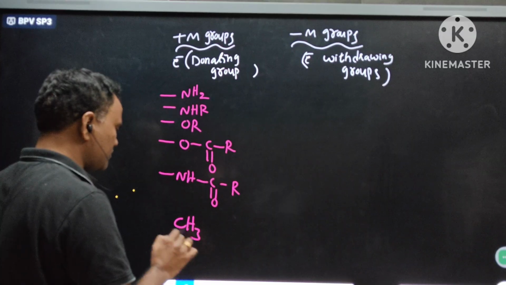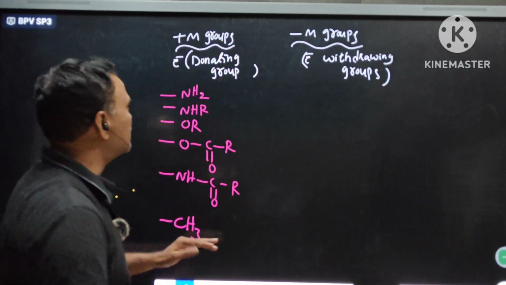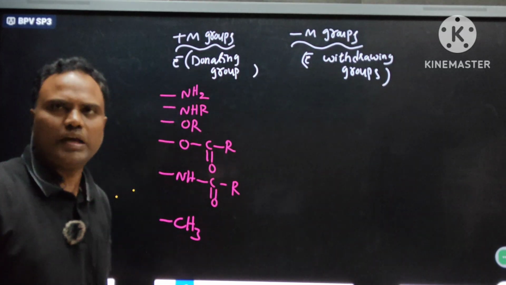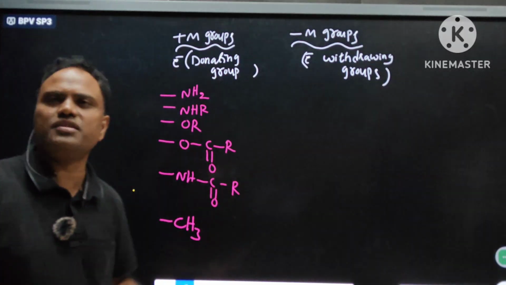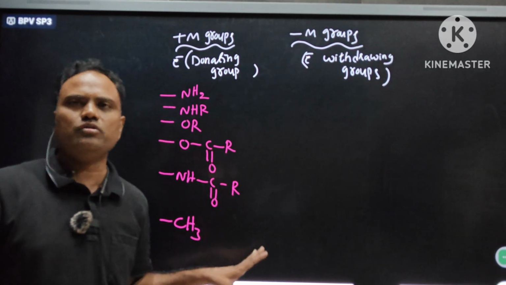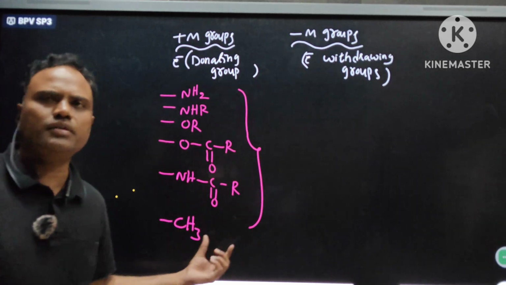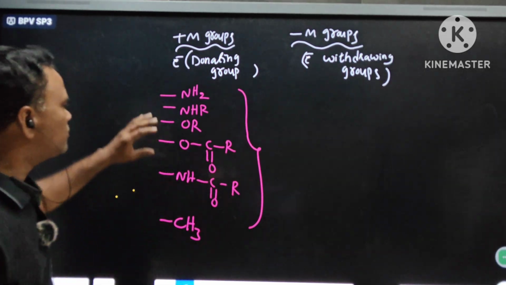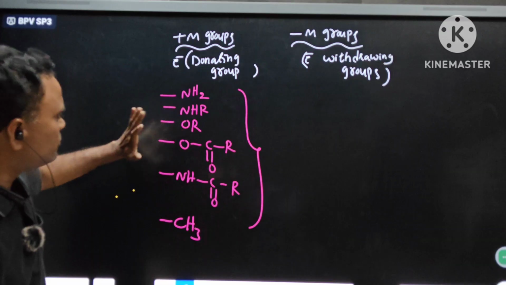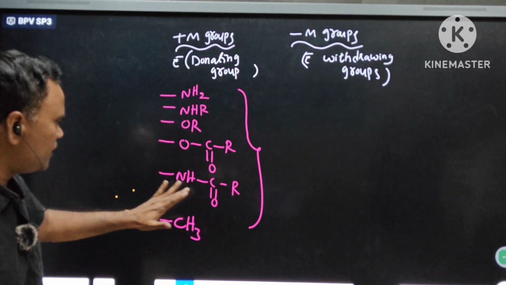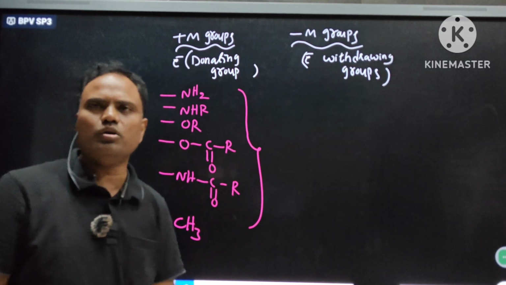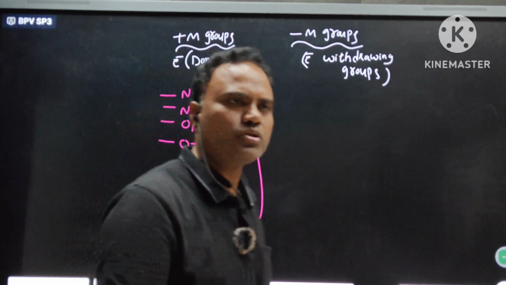Temporarily let us write CH3 also under plus M. Actually its nature is not a plus M group, but just include it temporarily. Nothing will happen. In GOC you will get clarity about it. So NH2, NHR, OR, ester, amide, CH3, all these are plus M groups, electron donating groups.